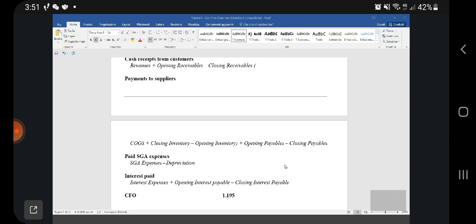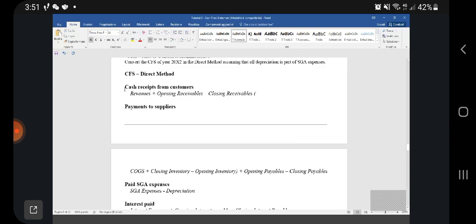Which one of you could calculate the cash receipts from customers? Maybe you can tell me how much you calculated and put there? What do you think? We need to... 12,000. Sorry?